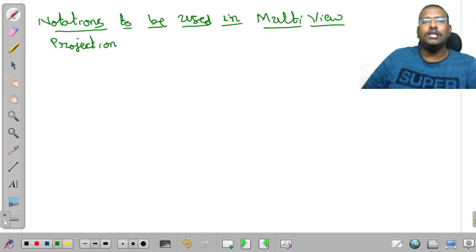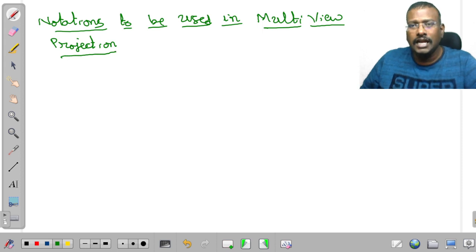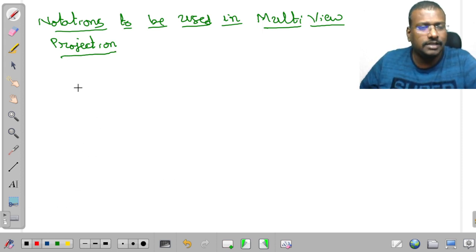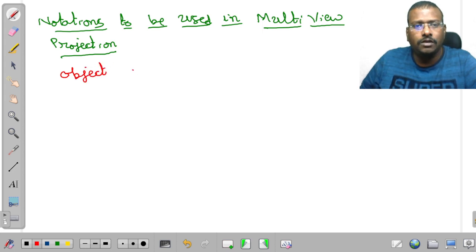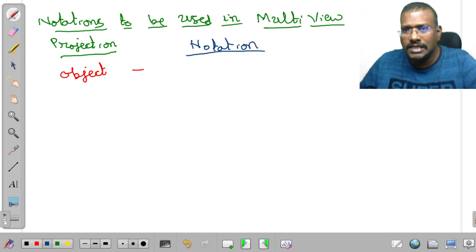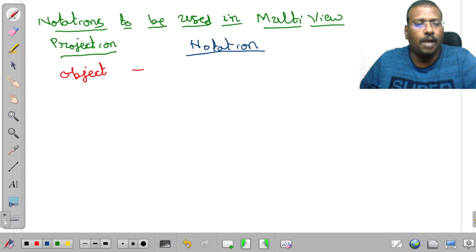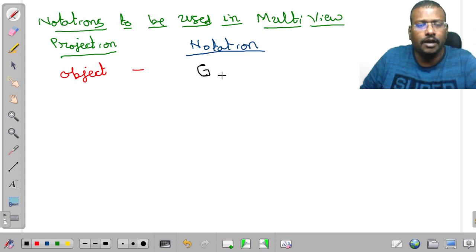So what are the notations to be used, sir? Let us consider the object. What is the notation for the object? The object can be represented with a capital letter.